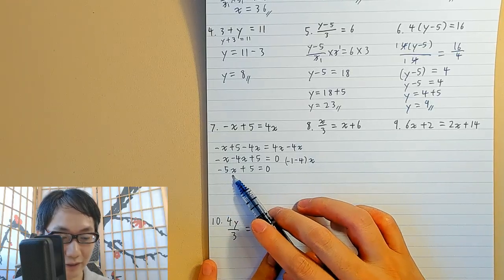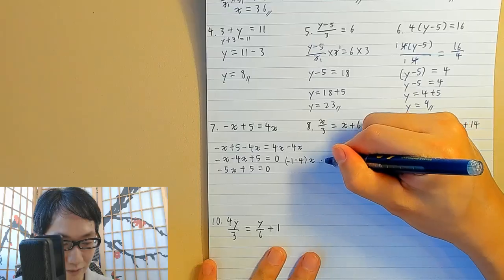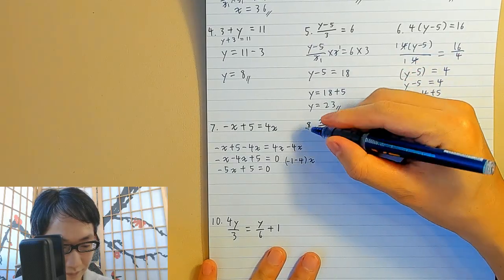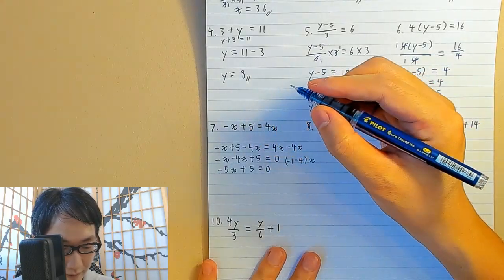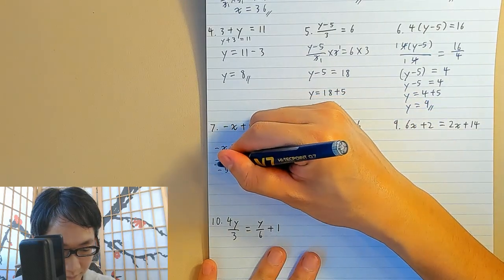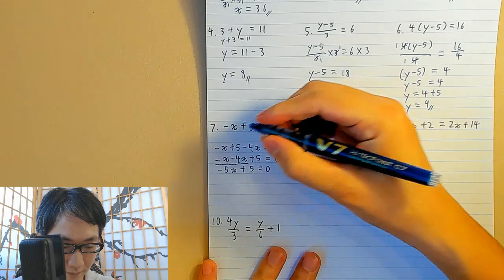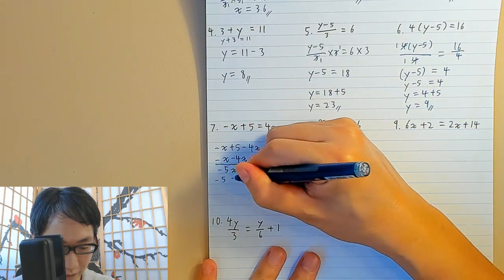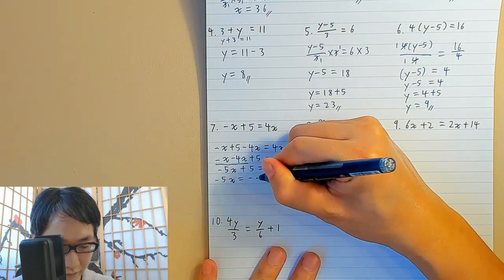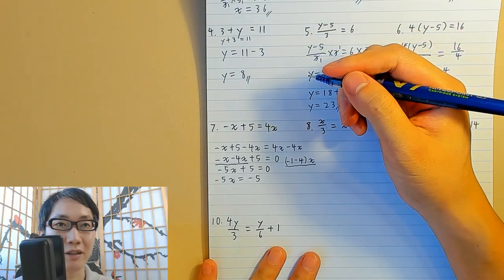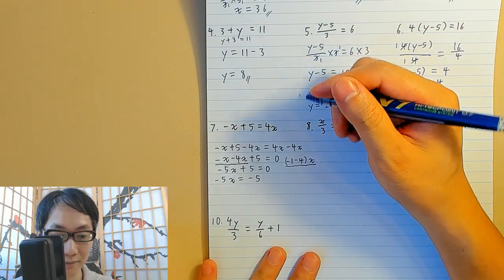So we have -5x. Okay. And then this part is this part. Okay. And then we have -5x is equal to -5 as I deduct 5 from both sides.